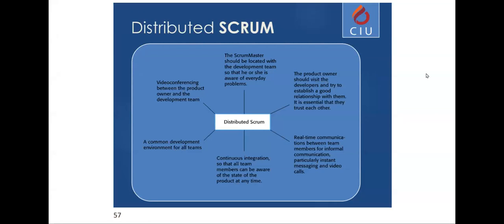In distributed Scrum, the Scrum Master should be located with the development team so that he or she is aware of everyday problems. Now, this is not 100% true. What happens here is that the Scrum Master, yes, is located at a close distance with the team, and is responsible to track down the everyday problems or tasks, but the main purpose here is to meet with the team.